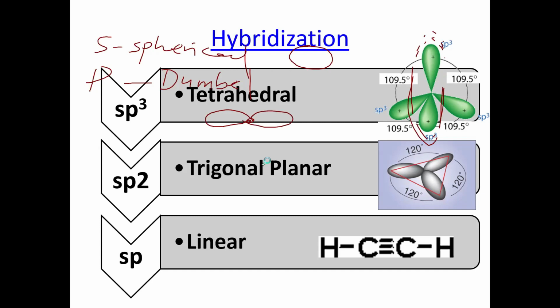But of course, this p orbital is divided into three. We have px, py, and pz. So p orbital is made of three different p orbitals.